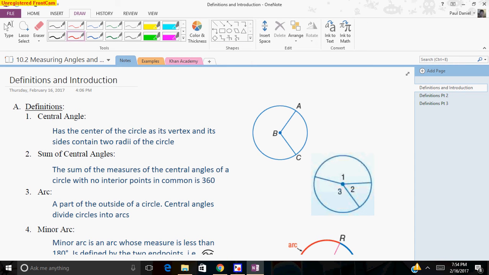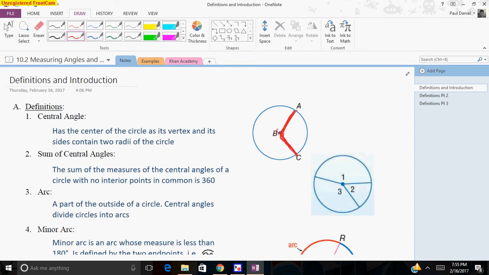A central angle has the center of the circle as its vertex. So in this example, B would be the vertex of our angle. If I wanted to talk about angle ABC, that is a central angle.